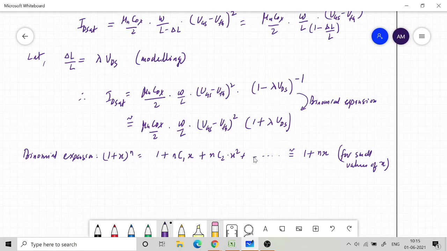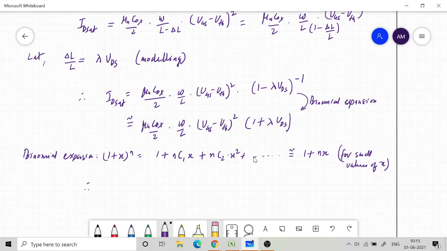So therefore what we get is ID sat is basically the previous current multiplied by (1 plus lambda VDS). Okay, which is basically an equation of a straight line. Here VDS is like the x coordinate, and lambda is basically the slope of the line. So larger lambda means larger slope, smaller lambda means smaller slope, and lambda equal to 0 means completely horizontal.